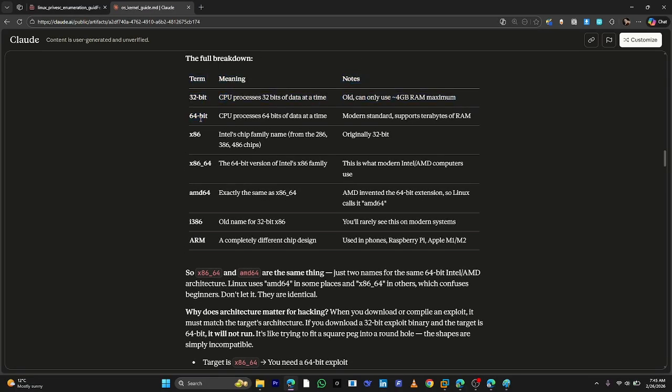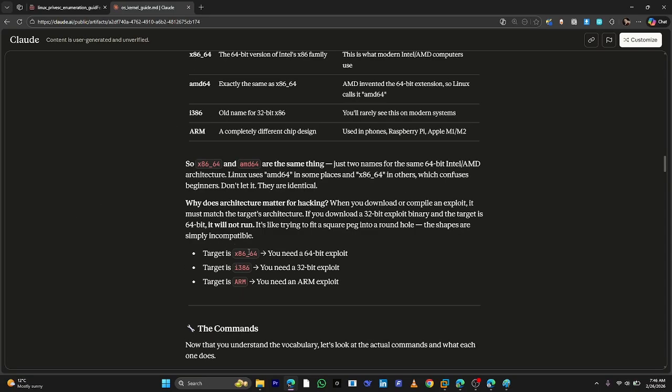So basically this is 64-bit and this is the same as this, and this also I guess the same. So when we are making an exploit and compiling it for a system that has 64-bit architecture, we will need to compile it as 64-bit, and if it has an ARM chip, we will need an ARM exploit.